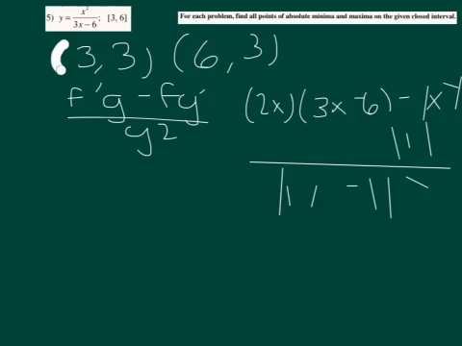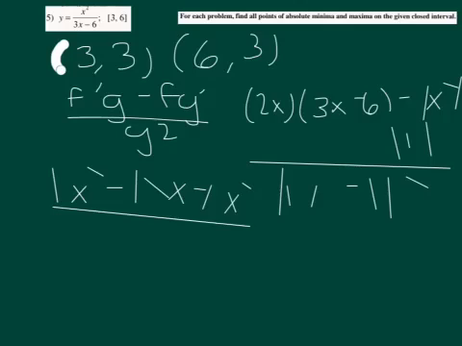So if we simplify this, it would be 6x squared minus 12x minus 3x squared all over 3x minus 6 squared.